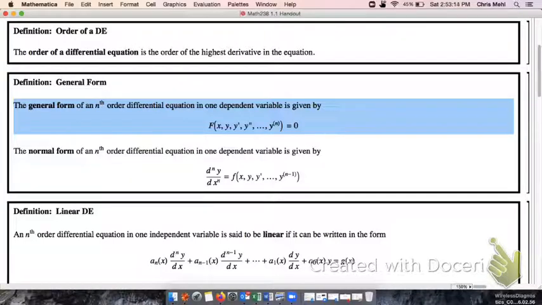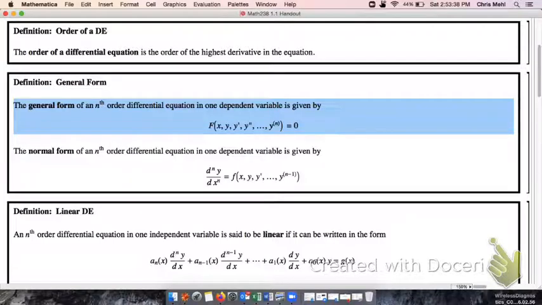If you move all the terms from one side to the other to obtain a zero on the right, what you would be left with on the left side would be some function of x, y, and its derivatives. So there'd be x's in the expression, and then you'd have a bunch of y's and y primes. Getting a zero on one side is called the general form.